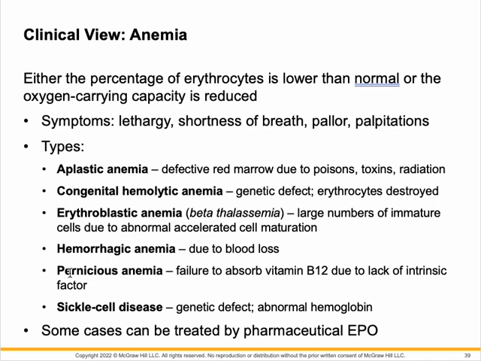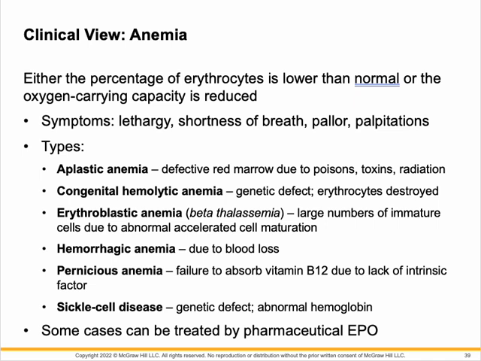So this second to last one you see here, pernicious anemia is when you have a decreased ability or inability to absorb vitamin B12. Vitamin B12 is necessary for the synthesis of red blood cells, so to make red blood cells. So if you don't have vitamin B12 and you can't make red blood cells, then you can't bind as much oxygen.